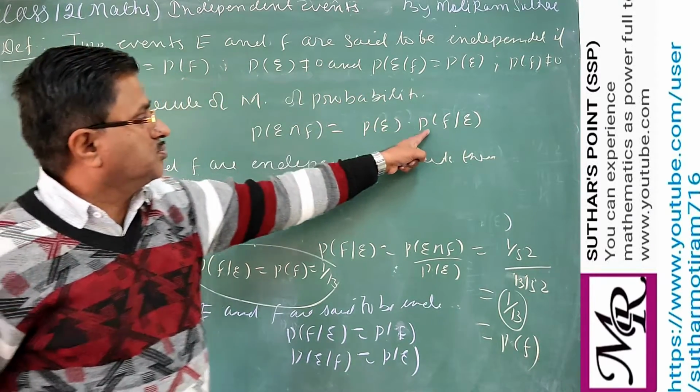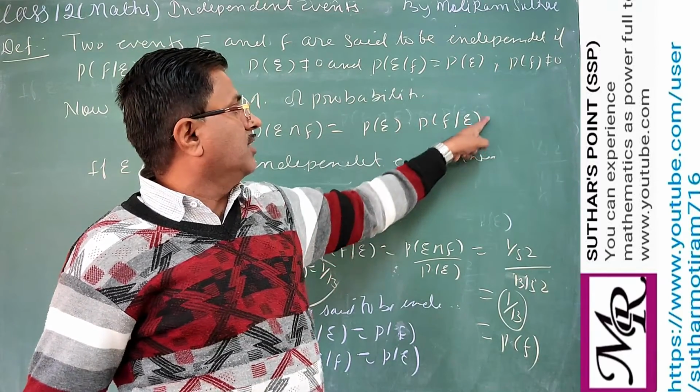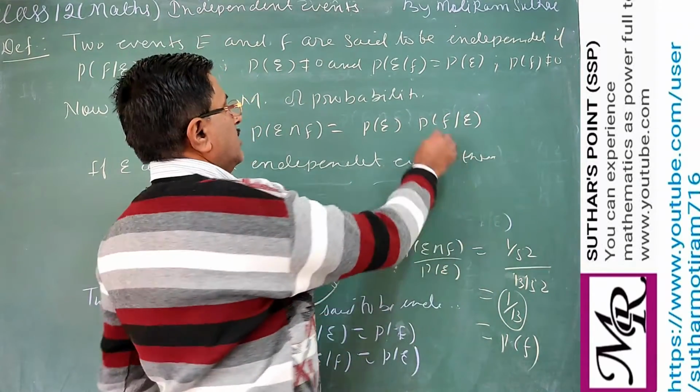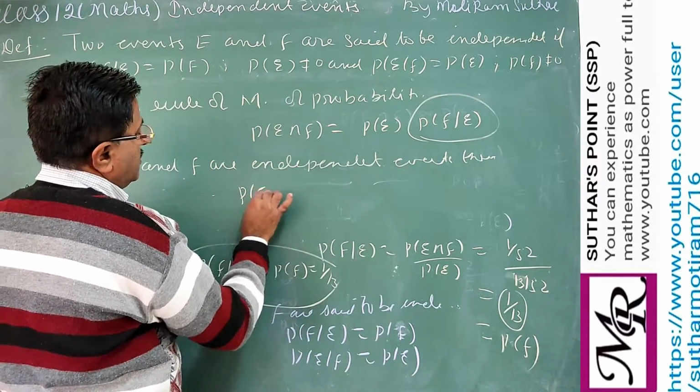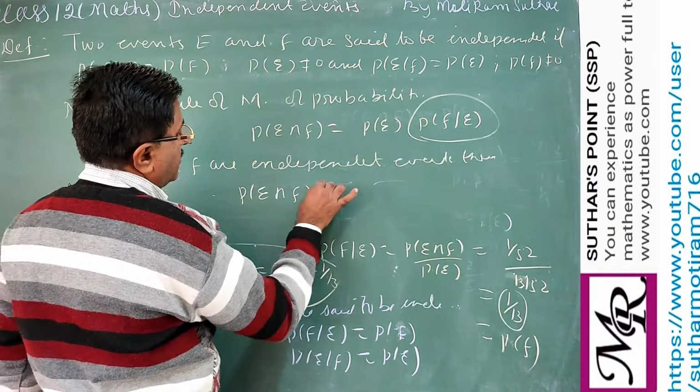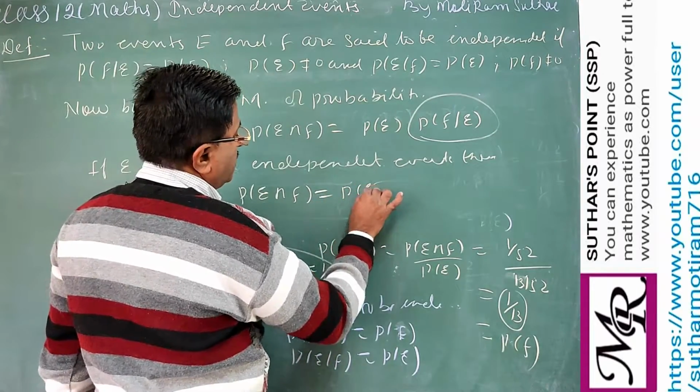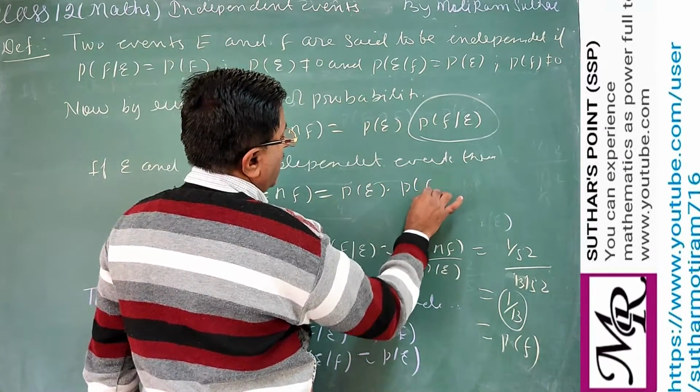So in the multiplication rule we replace P(F|E) by P(F). So what we get is P(E ∩ F) equals P(E) into P(F).